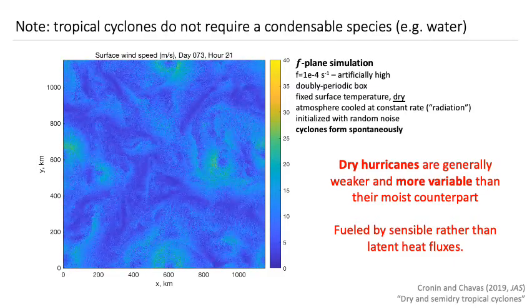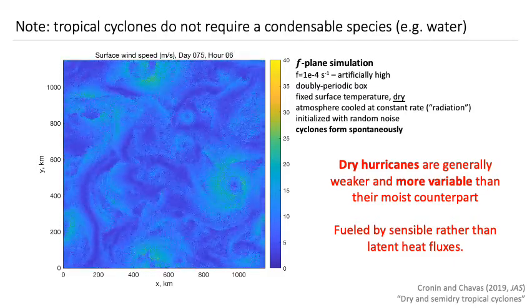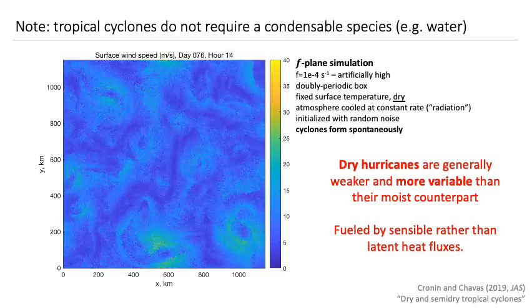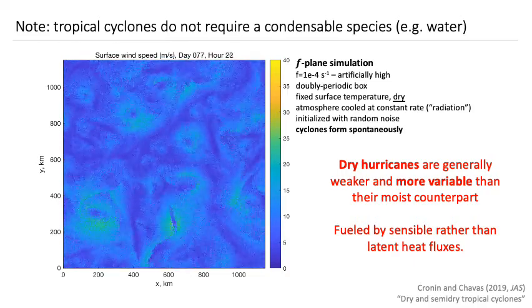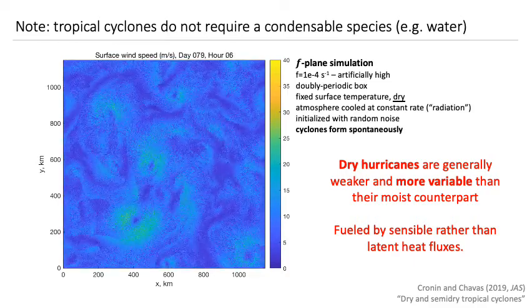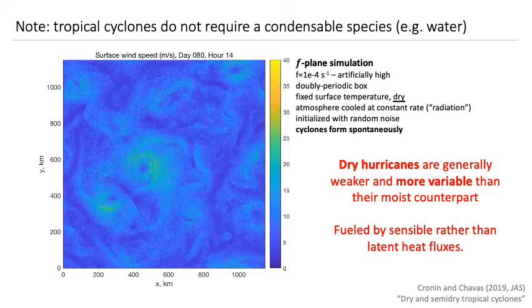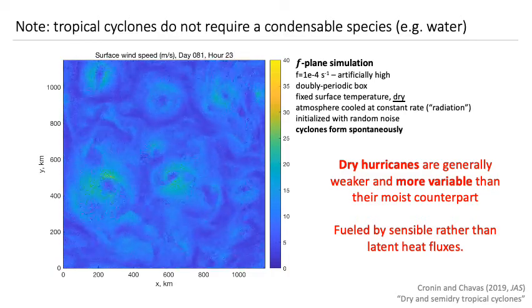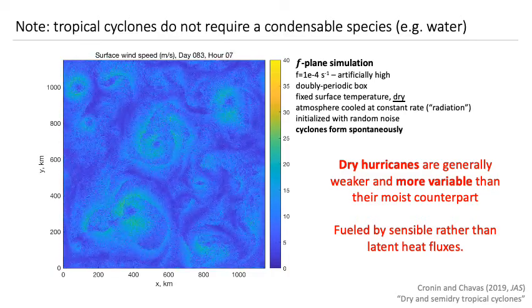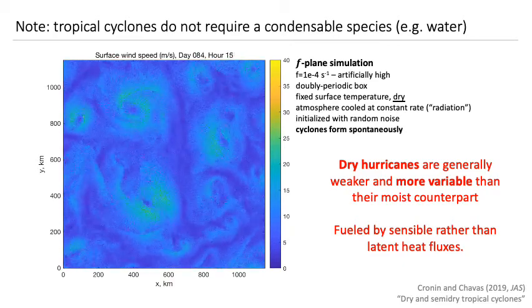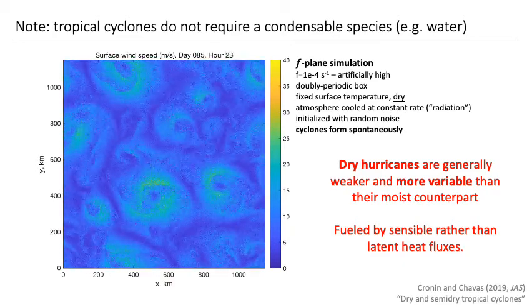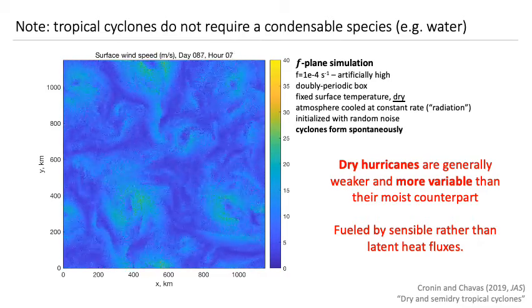If you looked at precipitation, you would see nothing at all. And you'll notice that they look quite variable. They're generally weaker and more variable than their moist counterparts. They're quite turbulent, so you don't really get a nice clean circular eye with a nice clean circular eyewall. It seems to be a little bit messier. And these are fueled by sensible heat fluxes rather than latent heat fluxes.